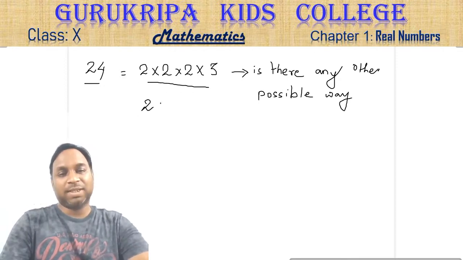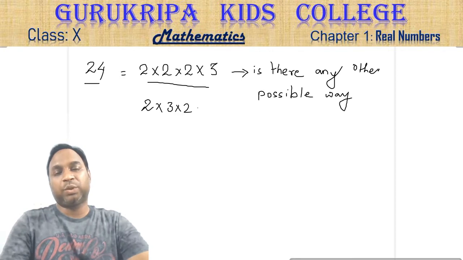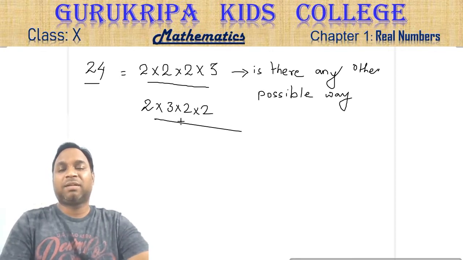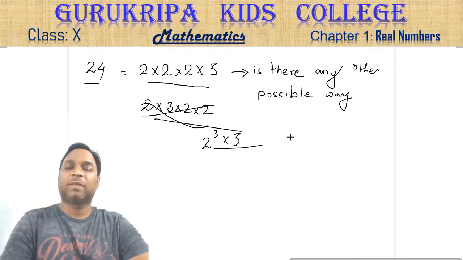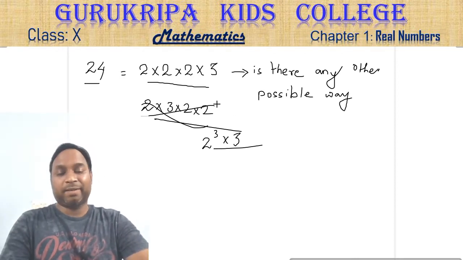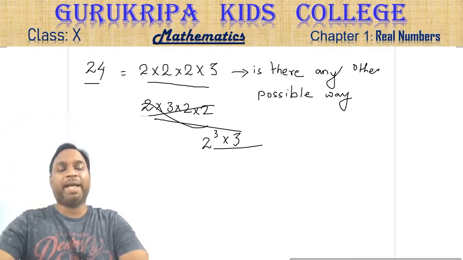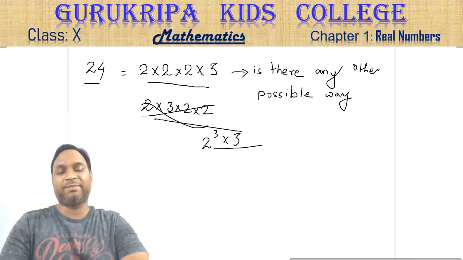Now, we will not consider 2 into 3 into 2 into 2 as a different way. We will not consider this to be different because both of these things are equal to 2 to the power 3 into 3. So, any other possibility to express 24 as a product of primes? No, there is no other possibility.